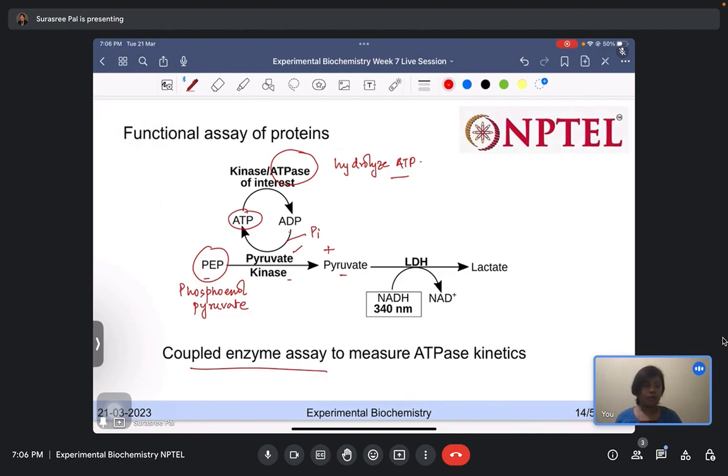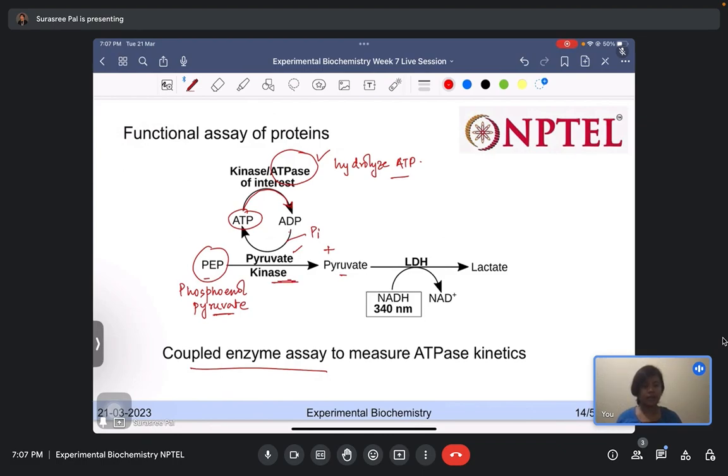Now, the protein of our interest is an ATPase, which hydrolyzes ATP, so it will convert ATP to ADP. If in this assay system we incubate our protein of interest with phosphoenolpyruvate as well as pyruvate kinase, then what will happen?